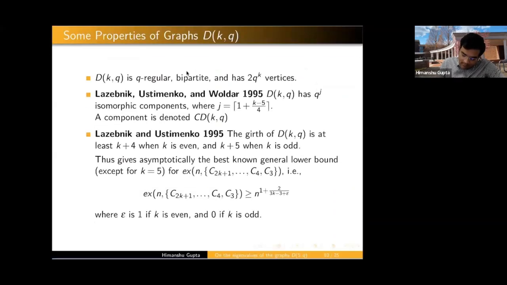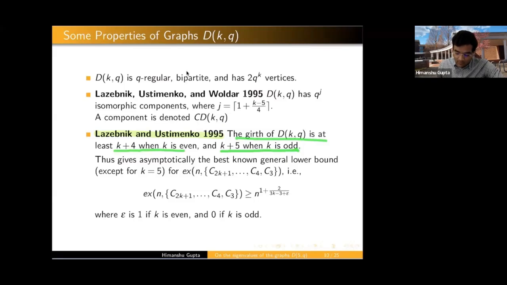But one of the main importances of these graphs, and the motivation to define them, comes from the fact that the girth, that is the length of the shortest cycle in this graph, is at least k plus 4 when k is even, and at least k plus 5 when k is odd.